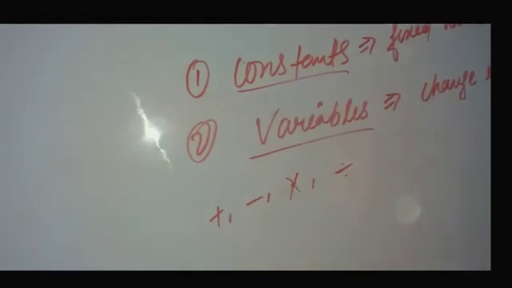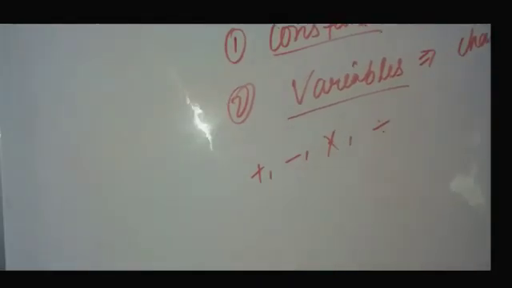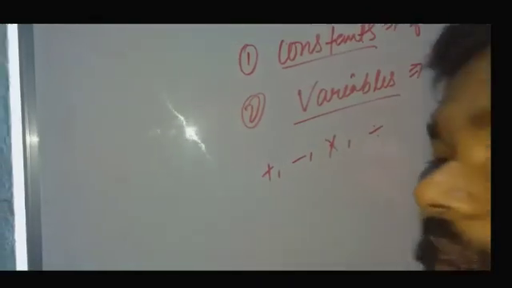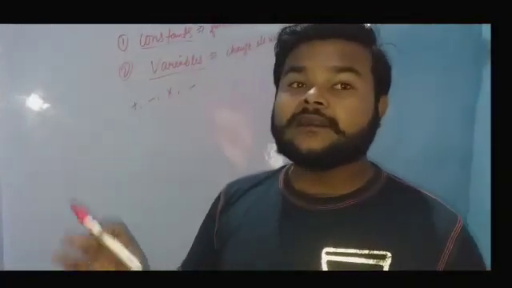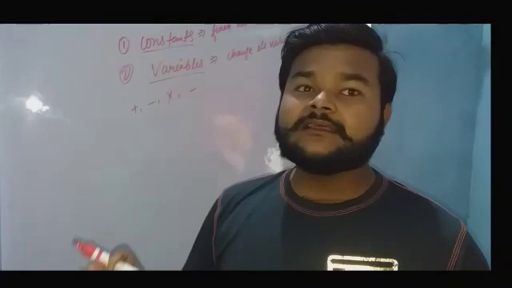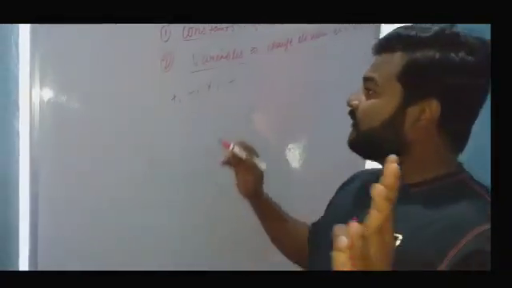These symbols together combine to form an expression. This expression is known as algebraic expression. Definition is given in your books, but I can't define in the book language. I define in summarized language.